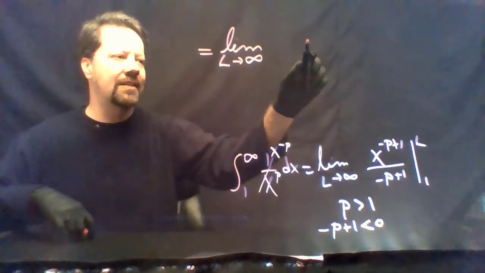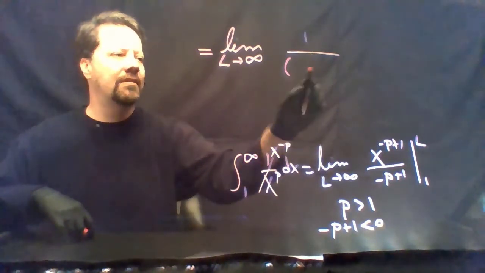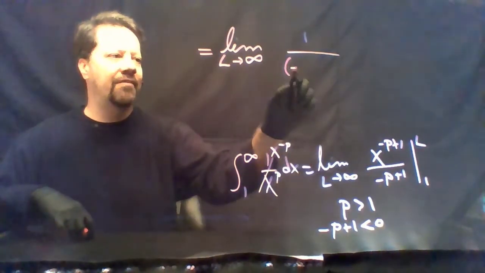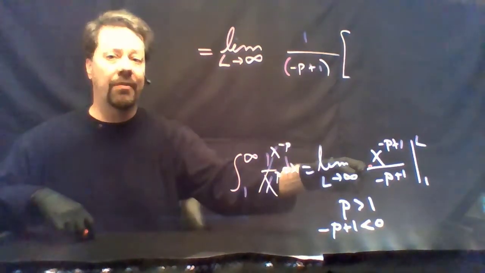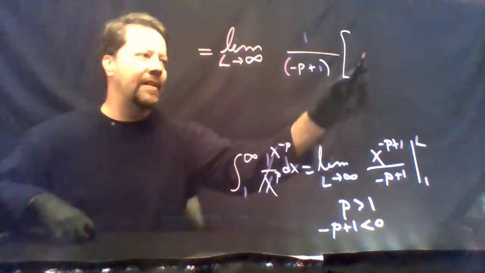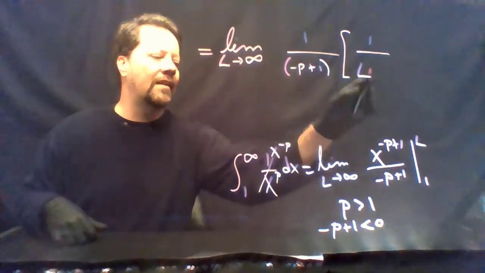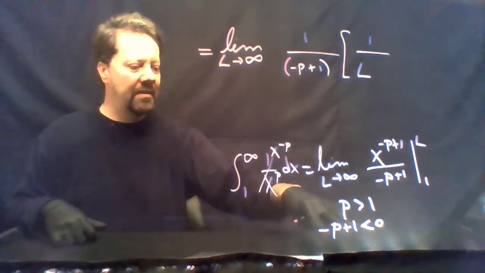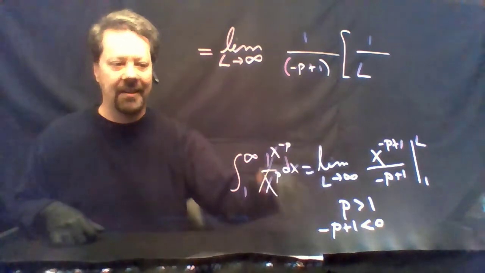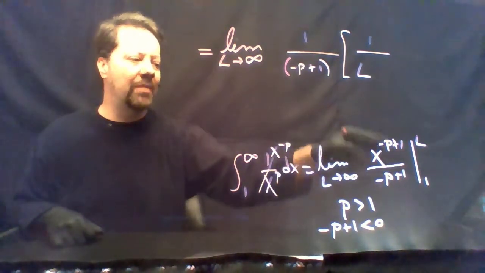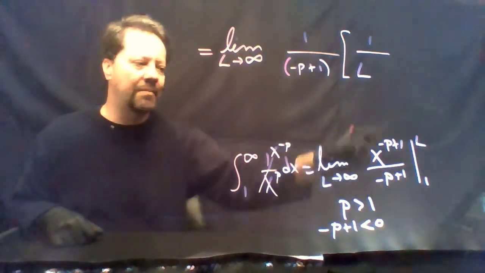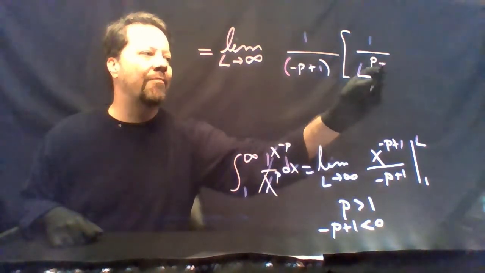We should rewrite this as 1 over, we have negative p plus 1 on both terms. We may as well write this as 1 over L. If I take a factor of x to the power of negative p plus 1 and cross the division symbol, I'll have a power of p minus 1.